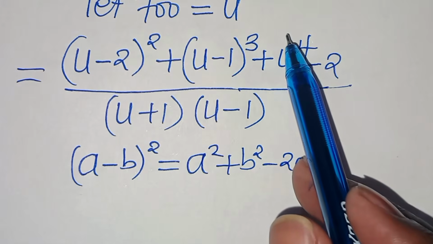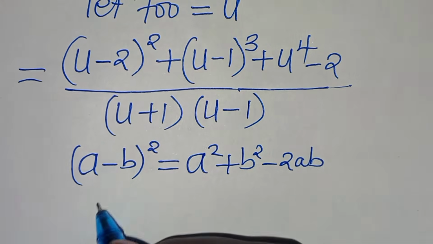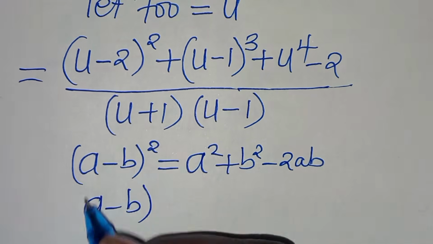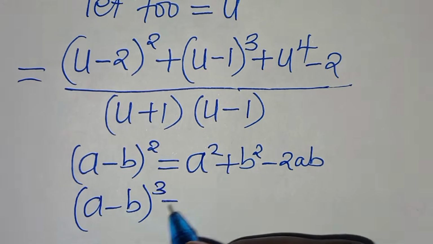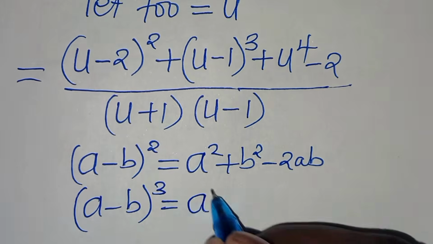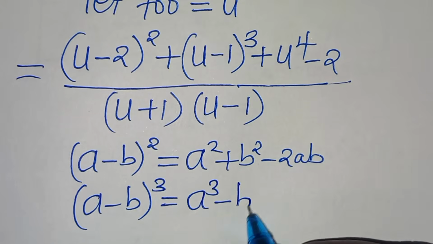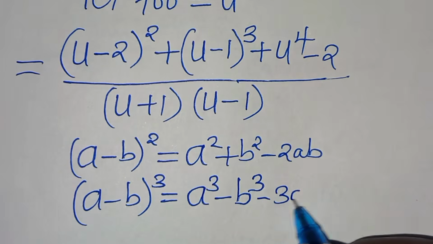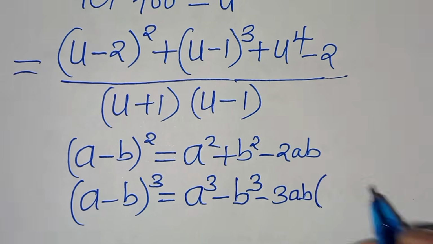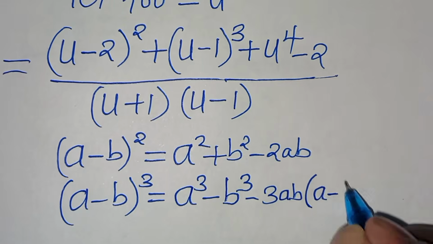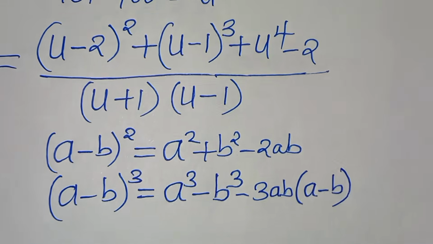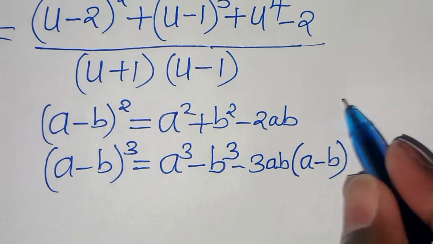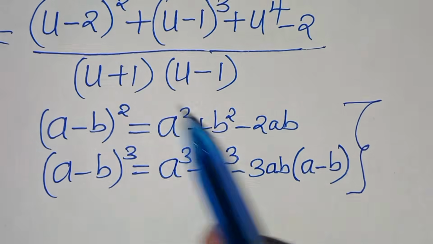This is actually in the form of a minus b to the power of 3, which we can express as a to the power of 3 minus b to the power of 3, subtract 3 times ab into the parentheses, this is a minus b, close the parentheses. Now let's apply these two identities here to solve this.